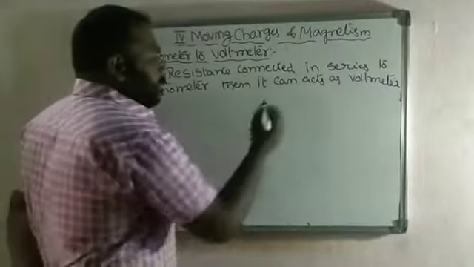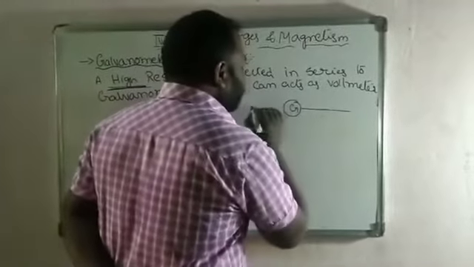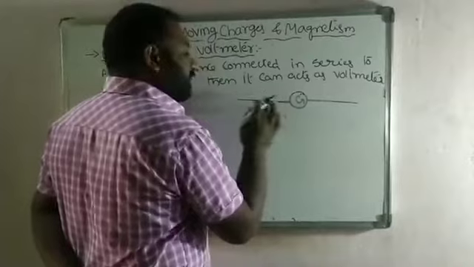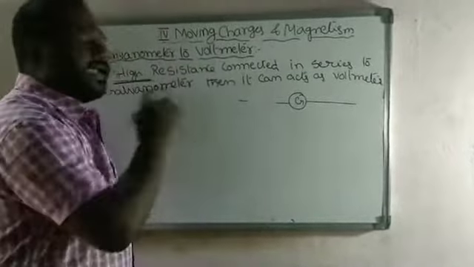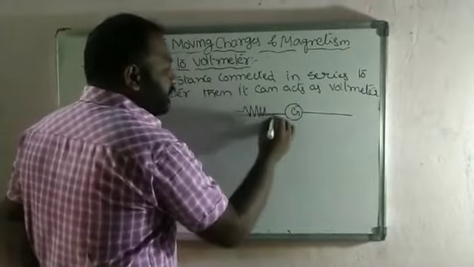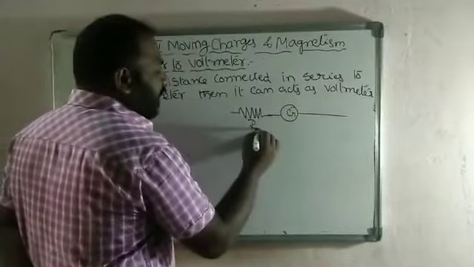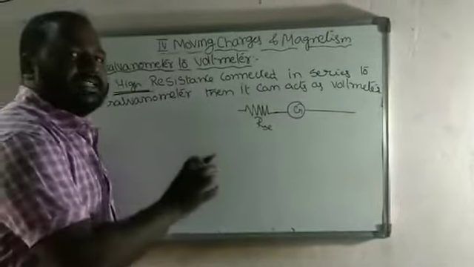Okay. Now see, here it is the galvanometer. The full scale deflection of the galvanometer is Ig, and to convert this galvanometer into a voltmeter, we connect a high resistance. Here it is called RSE, which represents the series resistance.